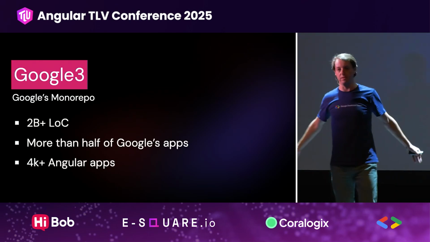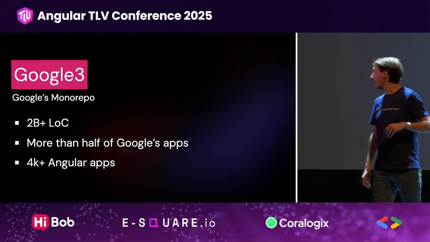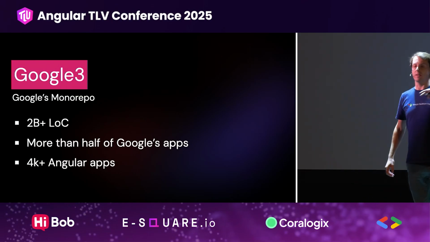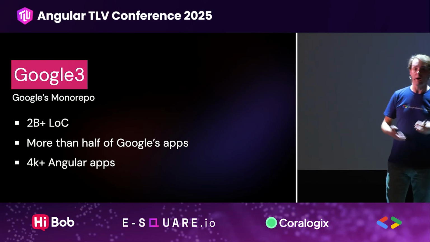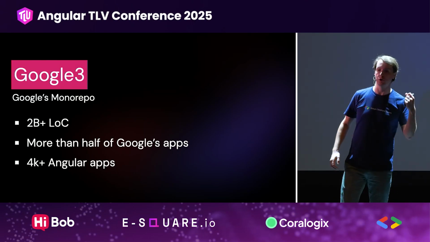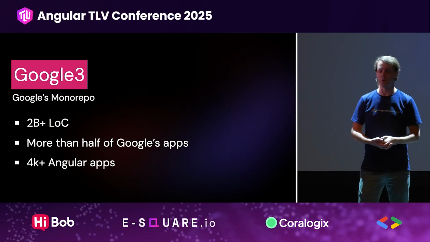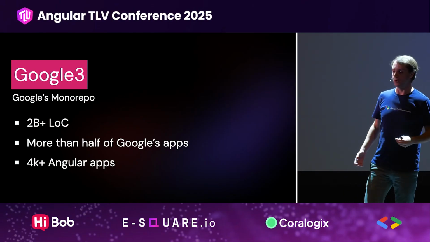And it's gigantic. You have over 2 billion lines of code. There's more than half of the applications at Google hosted in that monorepo. You've got things like Google Search, YouTube, G Suite, the Cloud Console from GCP, Google Photos, things like this.